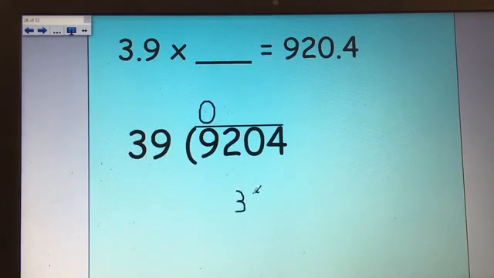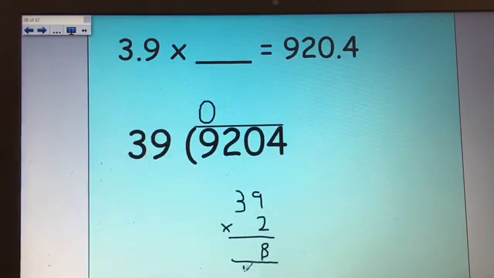I'm going to do a quick multiply here. 9 times 2 makes 18. 3 times 2 makes 6, add the 1, 7. So it's got to be 78. So now it goes in twice. Now how much from 78 to 92? You could do a column subtraction, but I know in my head it's 14.